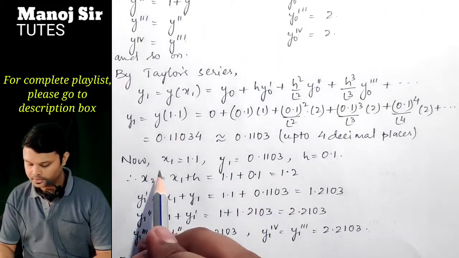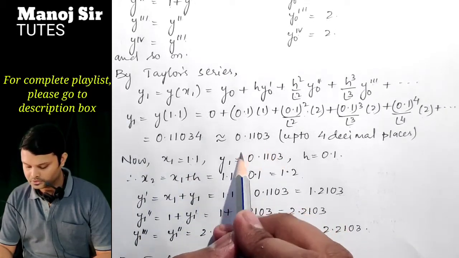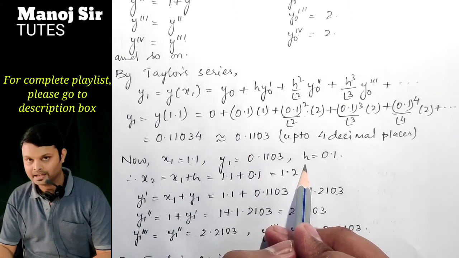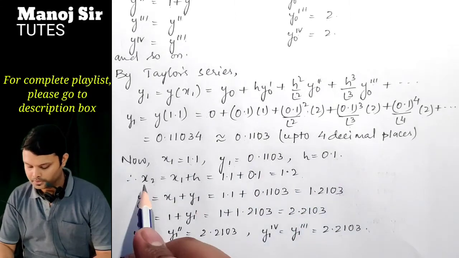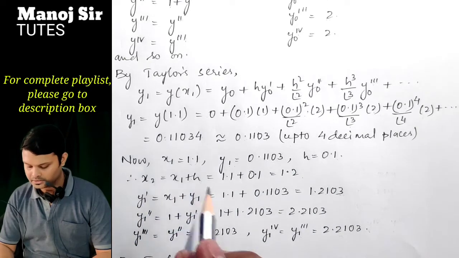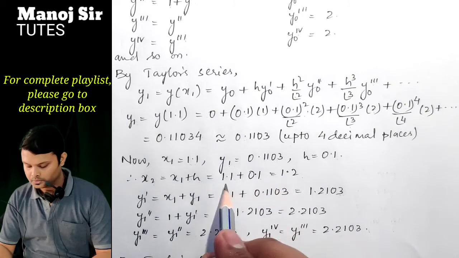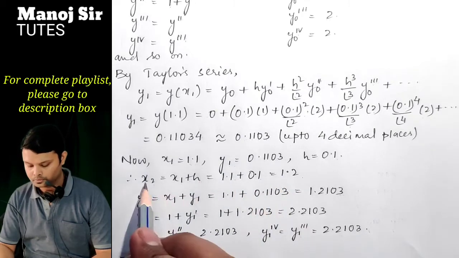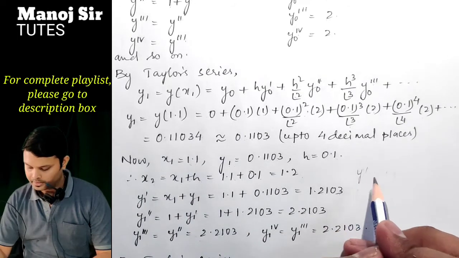So now again x1 equals 1.1, y1 equals this value, that is 0.1103, and h is always constant, that is the interval size, 0.1. So x2 will be x1 plus h, that is 1.1 plus 0.1, simply add both, you will get 1.2.